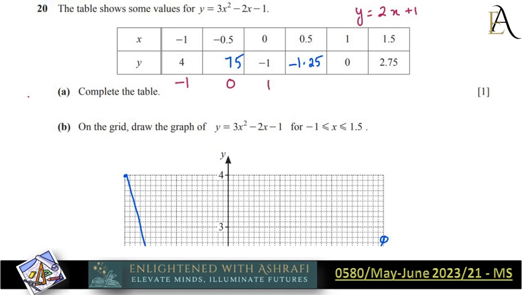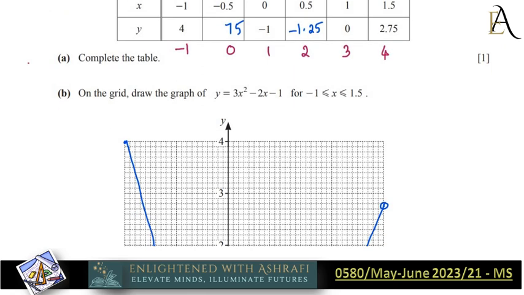When x is 0, y is going to be 1. When x is 0.5, 0.5 into 2 is 1, 1 plus 1, 2. When x is 1, 2 plus 1, 3. When x is 1.5, 3 plus 1, 4. Let's plot it.